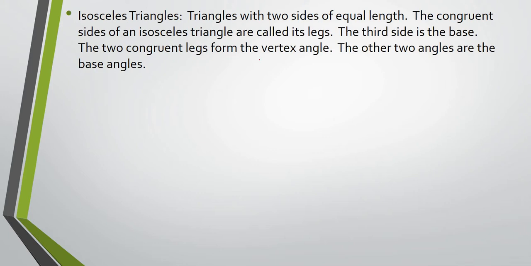The two congruent legs form the vertex angle, and the other two angles are the base angles. So if I have a triangle with two sides of equal length, the congruent sides are called the legs. So AB and CB are the legs.